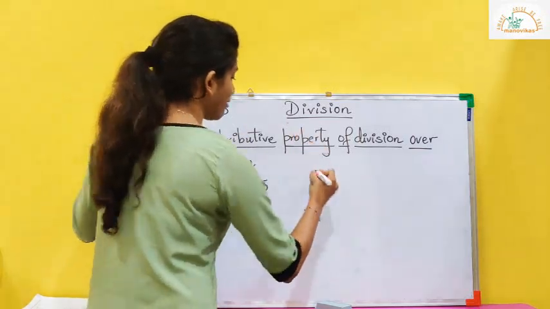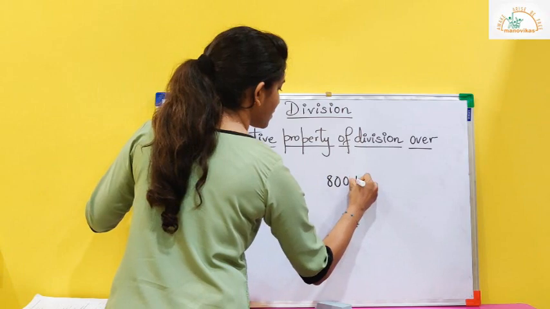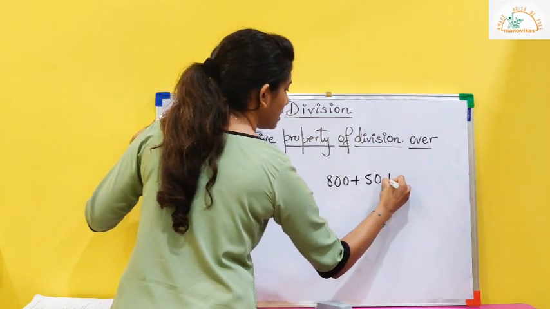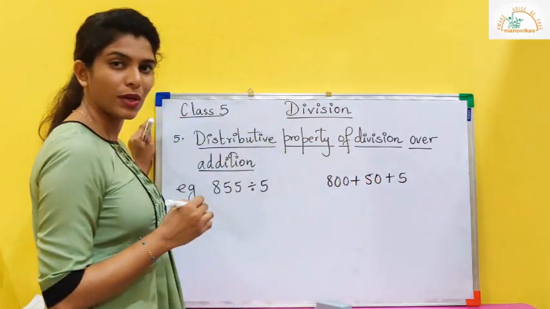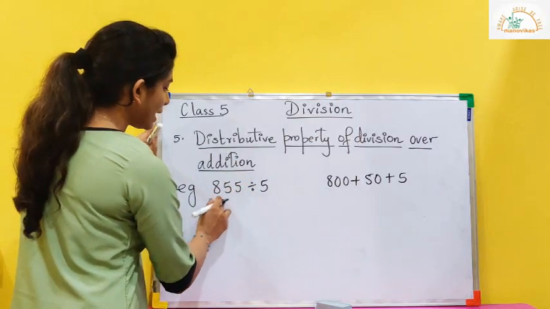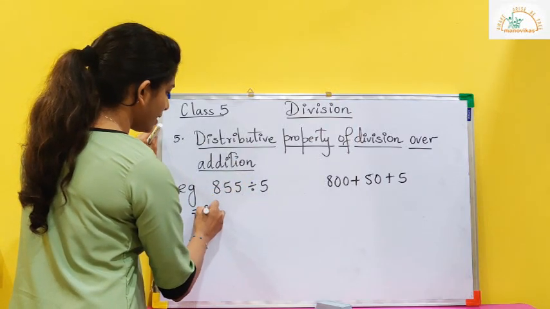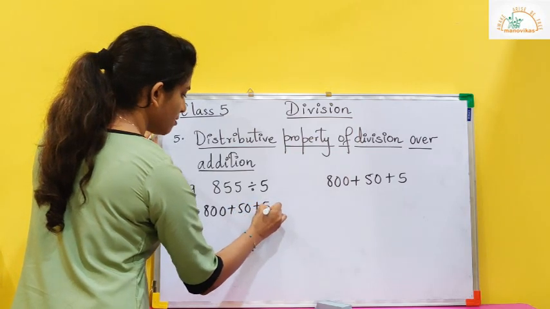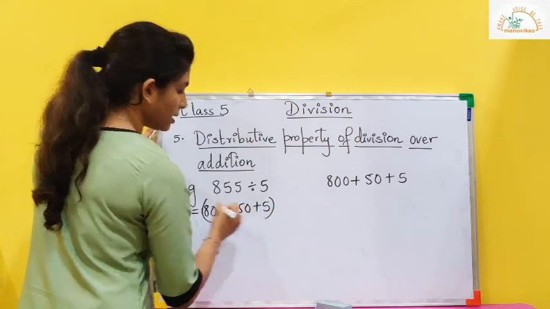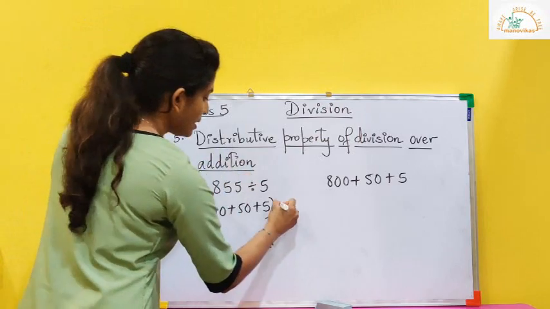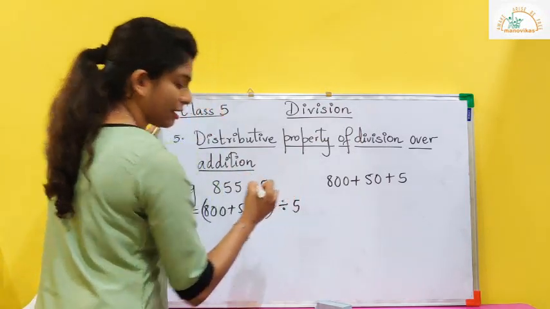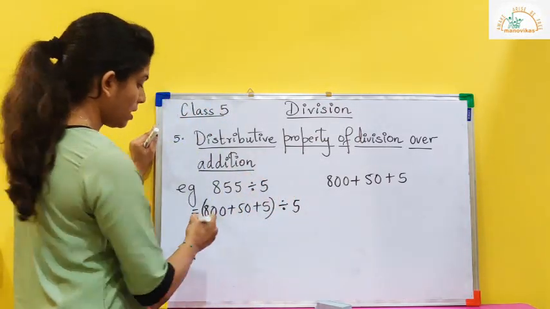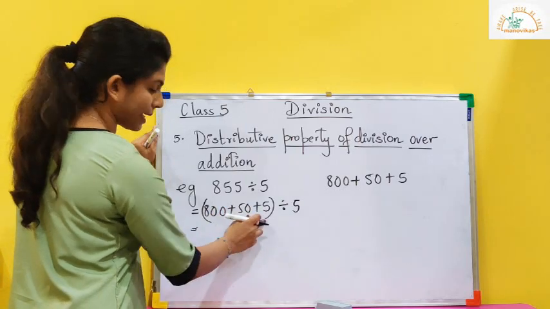So, 855 will give me 800 plus 50 plus 5. Now, instead of writing 855, I will write it as 800 plus 50 plus 5 and put it in a bracket. Then divide by 5.